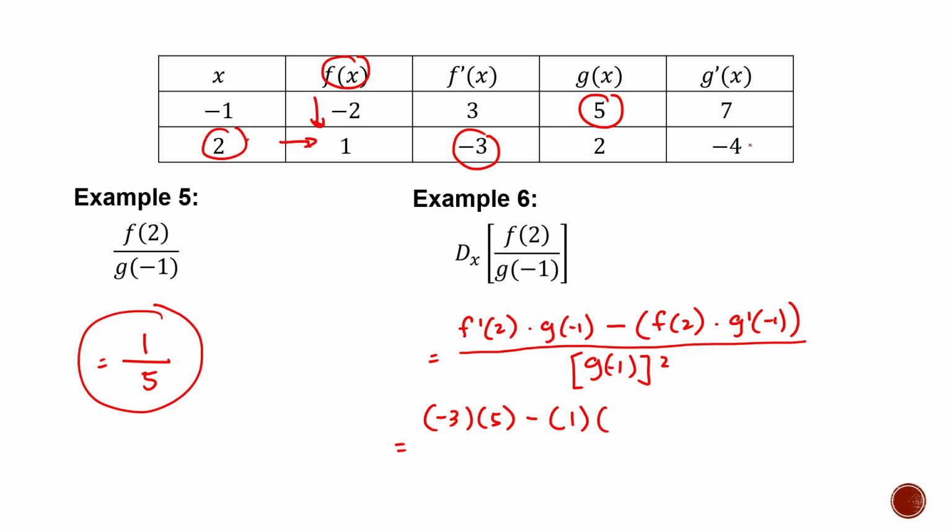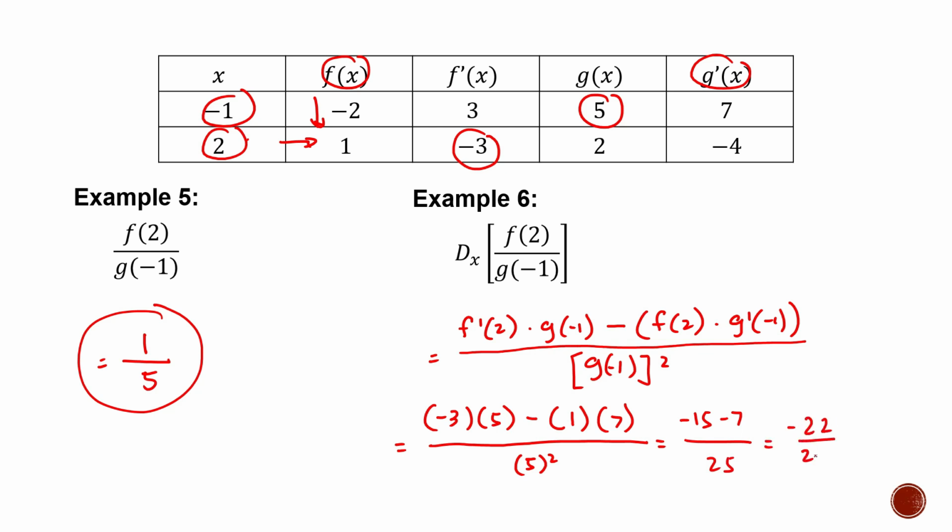Next, g prime of negative 1 is 7, all over g of negative 1, which is 5, squared. Alright, let's evaluate this. This is negative 15 minus 7 all over 25. So the answer is negative 22 over 25.